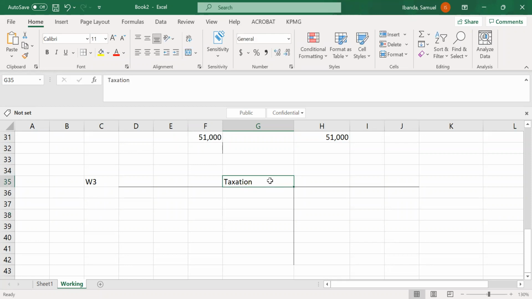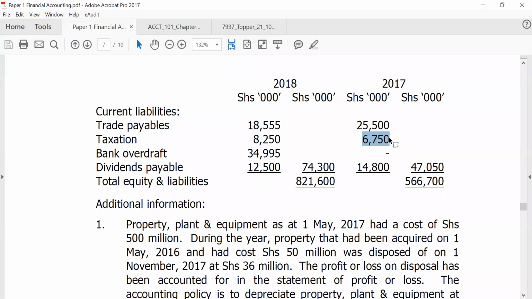The tax is a liability in this case, and that's why we are seeing it appearing in the liabilities of our records. So we have a balance brought down on the credit side.